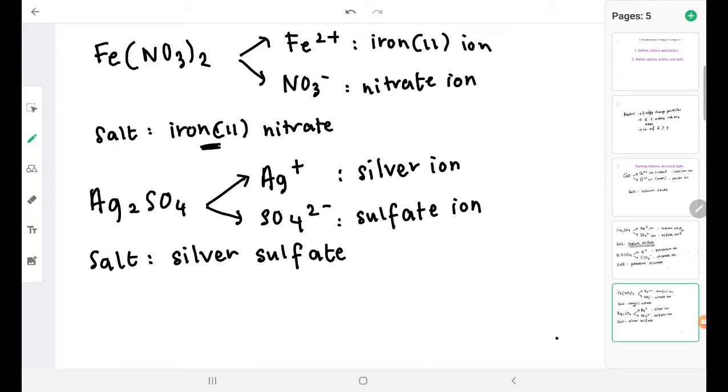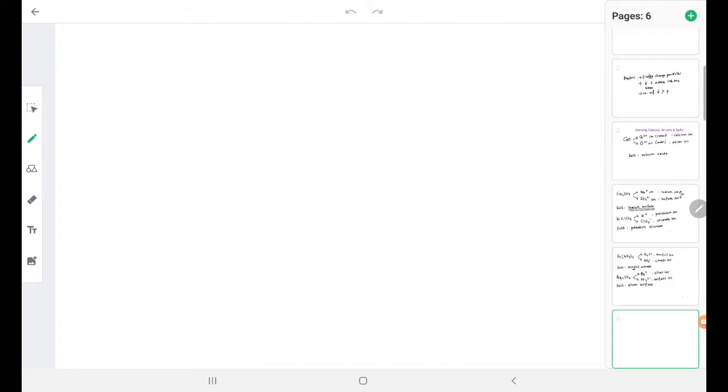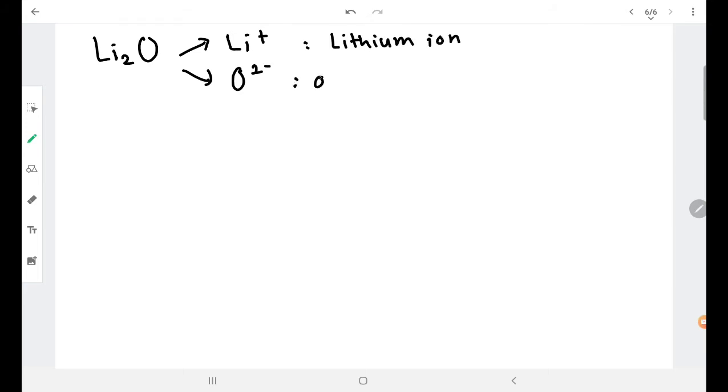So next, fifth example, when we have Li2O. Okay, how to name Li2O? The same as earlier, we divide it into cation, Li plus, and O2 minus. So Li plus is lithium ion and oxide ion. So the name of this salt is lithium oxide.